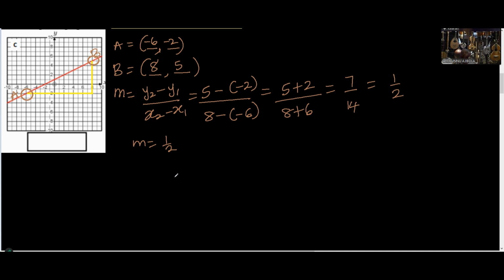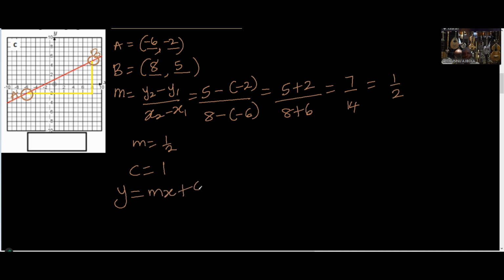What is the intercept? Where did the red line cross the y-axis? 1, not 0, 1. Okay. So C is 1. So what is the format of equation of a line again? Y equals mx plus c.